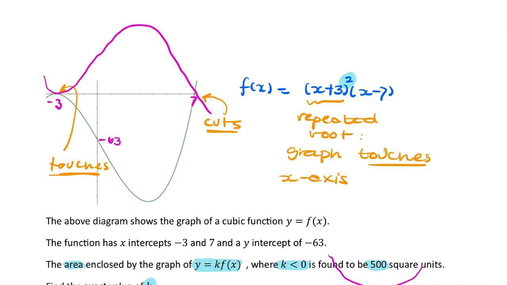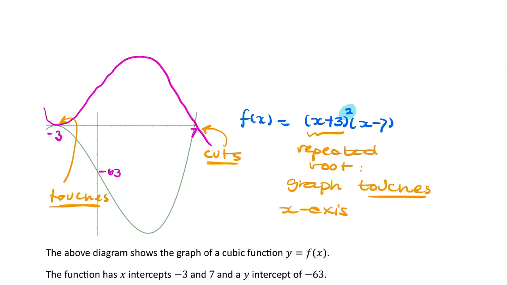Now we don't know if the absolute value of k is less than 1 or more than 1, so we don't know if it's been made smaller or bigger, but we know that it's been reflected. So this reflection is because k is less than 0.